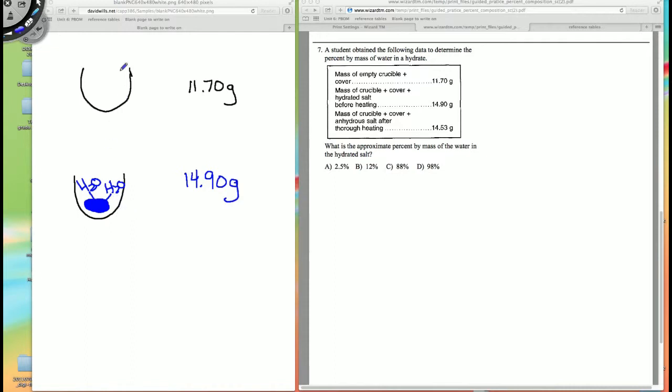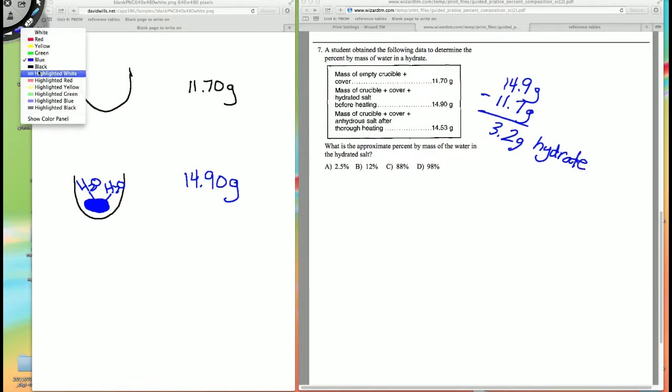Using these two drawings, the mass of the hydrated crystal is going to be 14.9 minus 11.7 grams, and we get 3.2 grams of the hydrate. That's the one with the water molecules attached.